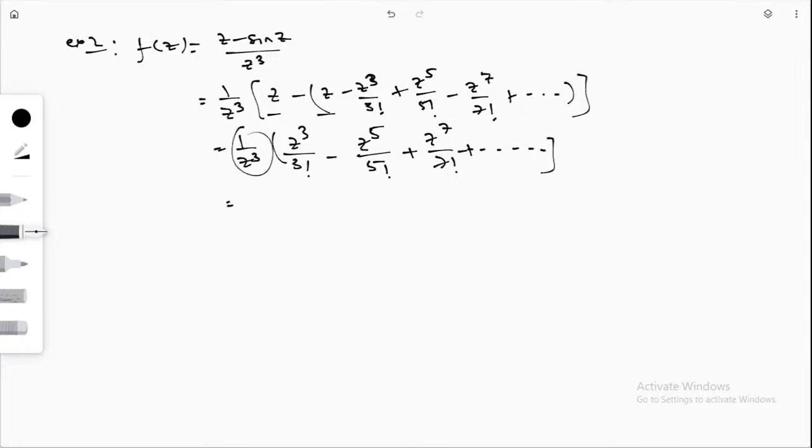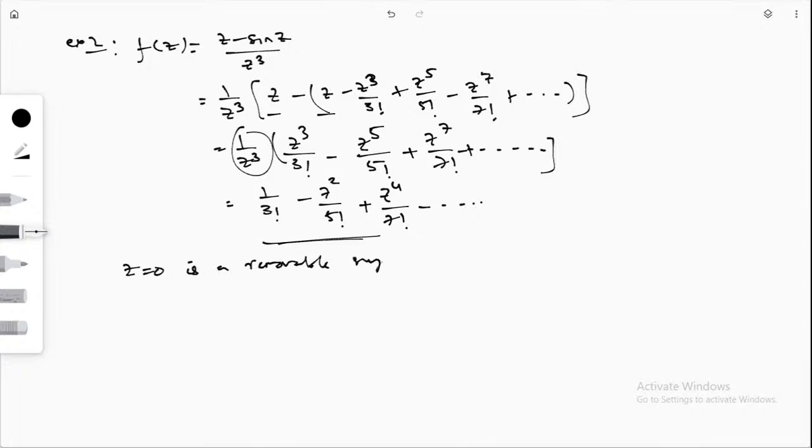If I multiply by 1 by z cube, this will be 1 by 3 factorial, then z to the power 2 by 5 factorial plus z to the power 4 by 7 factorial minus and so on. So here there is no principal term because there are no negative powers of z. So you can say z equal to 0 is a removable singularity.